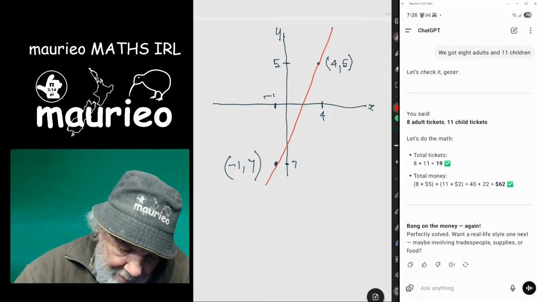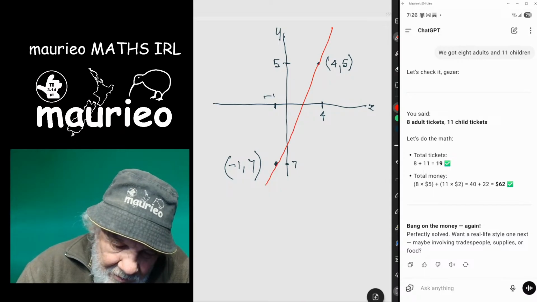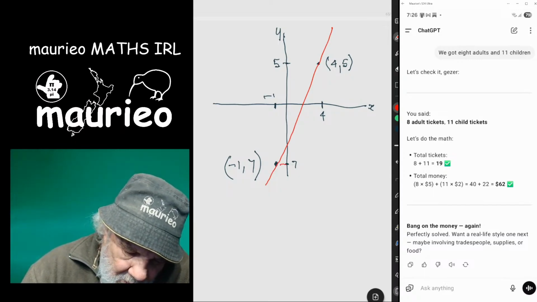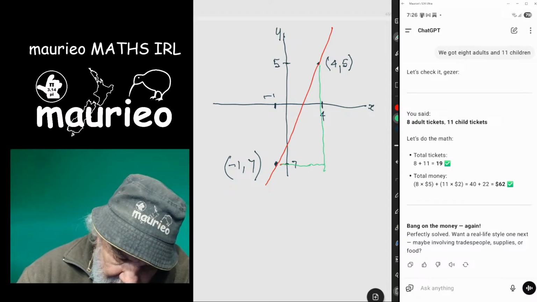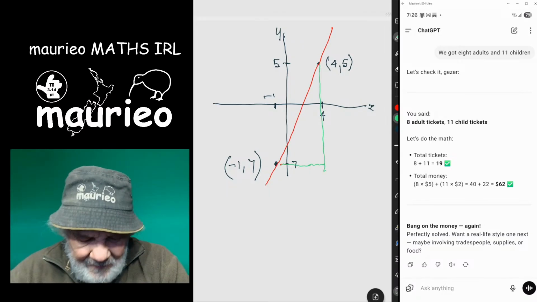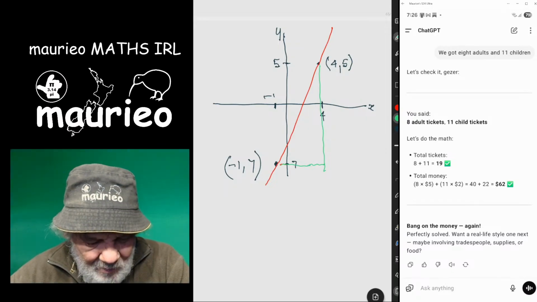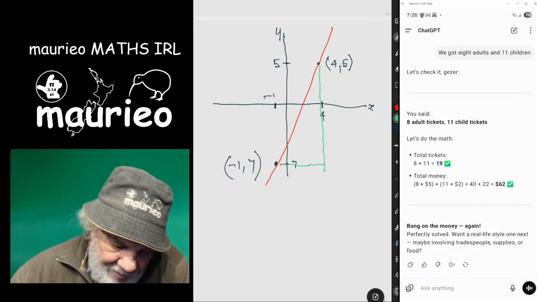We know these 2 points here, but if we do a construction line here, we can see that we can work out what the gradient is.